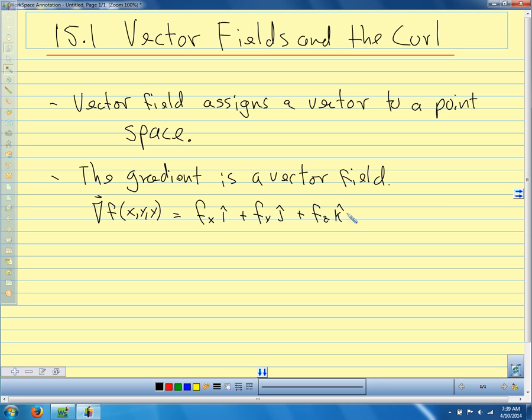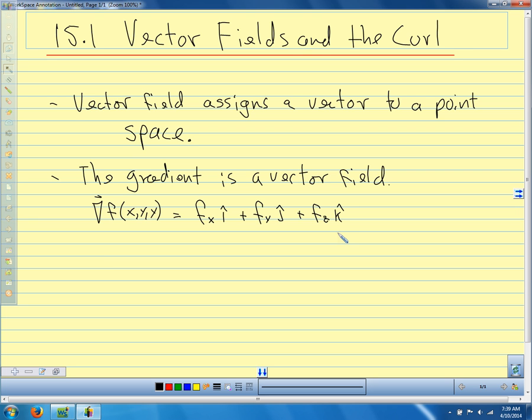So that assigns to the point x, y, z this vector, the gradient vector. And we remember that our gradient is normal to level surfaces and normal to level curves in the plane.